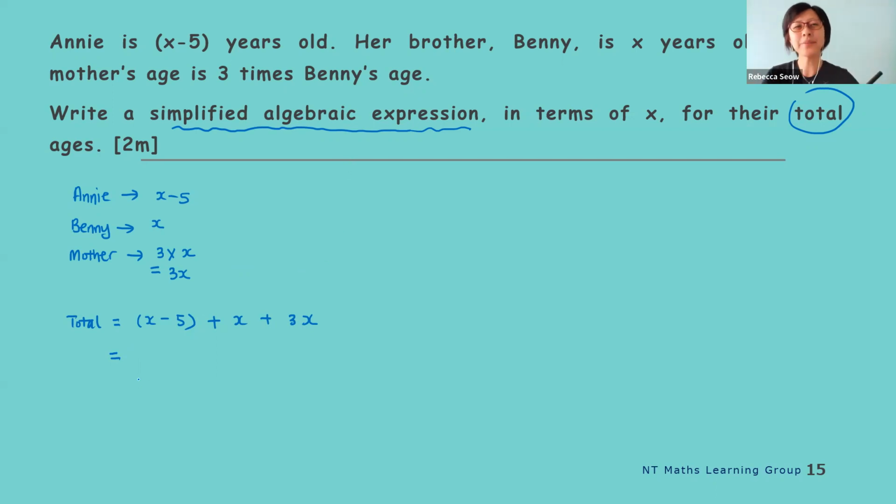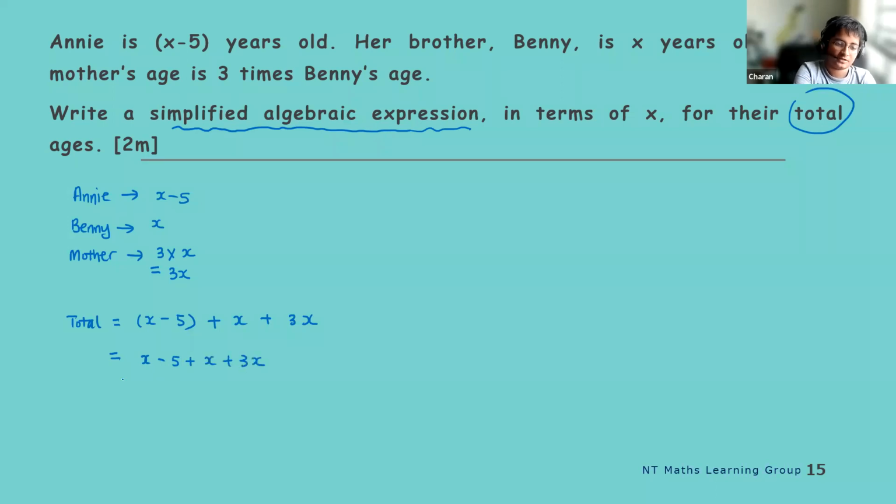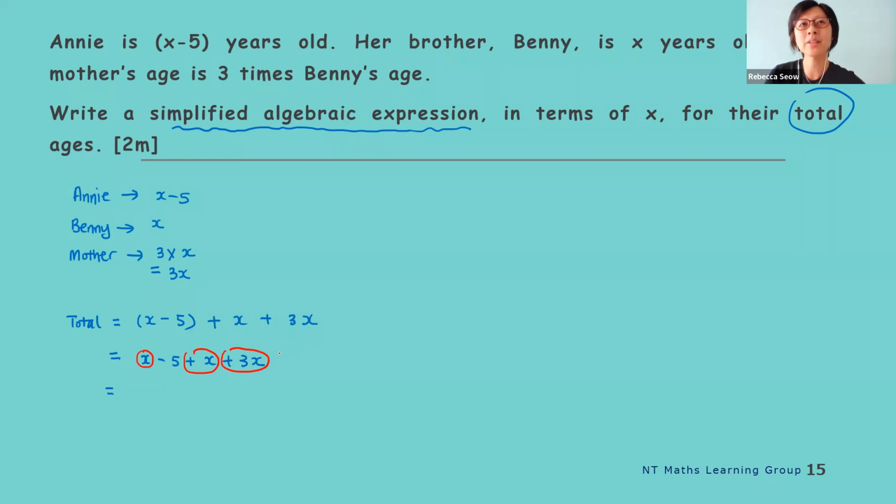Next step, we remove the bracket first because it doesn't affect my answer. So you just take 3x plus another x plus another x, so you'll get 5x minus 5. That is the part that the question demands from you. So you realize these are terms that we can add together.